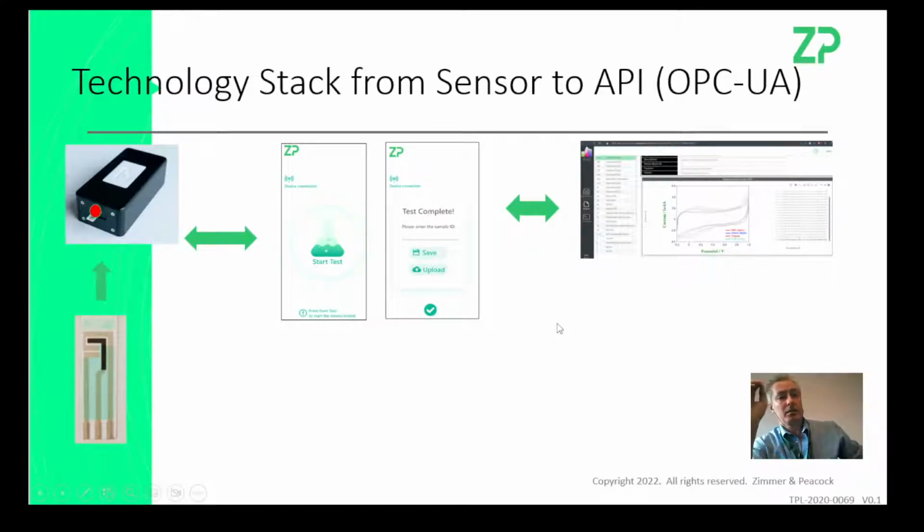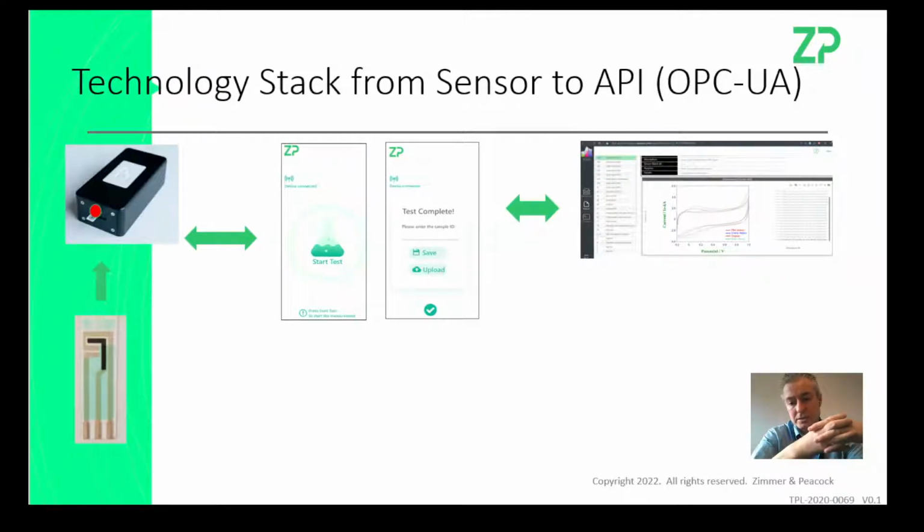We have a proprietary database system called Julie. We've been working on it for 8 years so far, so it's got to a good level of maturity. This database can receive electrochemical data. This is really important because the one thing about electrochemistry is not everyone can interpret what they're actually looking at.